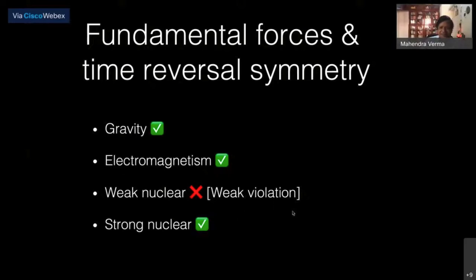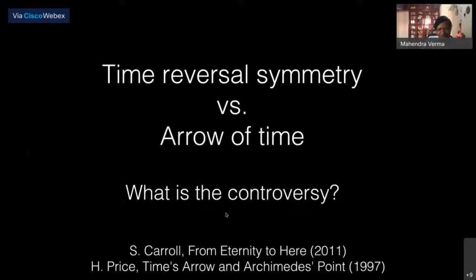So that is respecting time reversal symmetry. I will be more explicit with examples. Weak nuclear disrespects the symmetry, but as I said, I will not follow the idea of coming from fundamental laws. I will go more for macroscopic phenomena, or more general big phenomena.